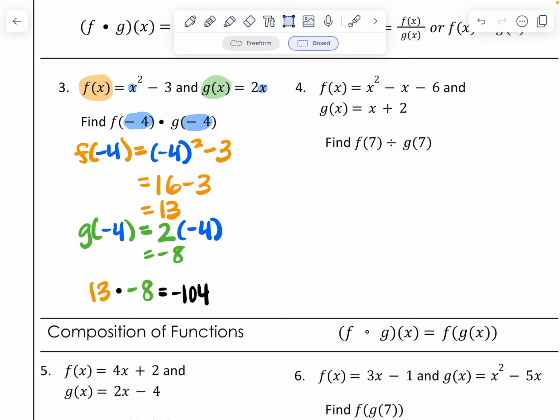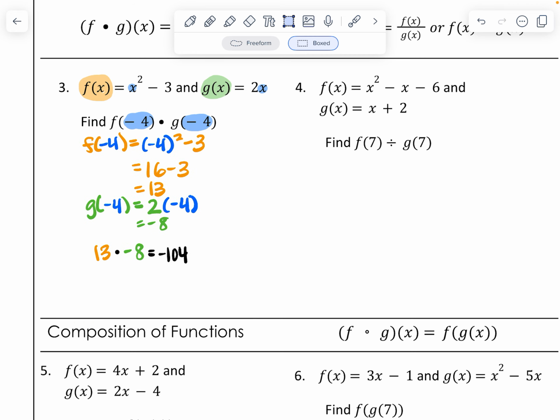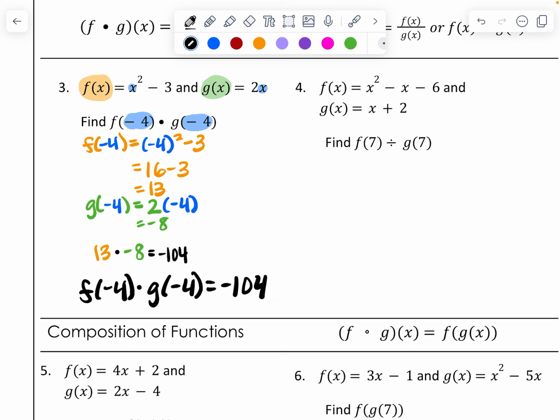So again, in function notation, and I didn't leave myself room here, this would be f of negative 4 times g of negative 4 equals negative 104.